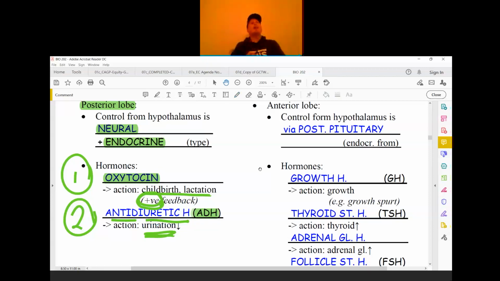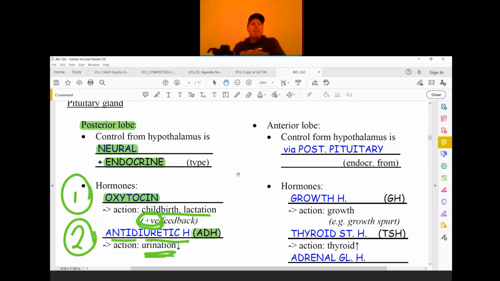Say when you're dehydrated, in response you will start producing antidiuretic hormone that gets released from the posterior lobe of the pituitary, and that makes you make less pee. We want to preserve all of those fluids in the body. So that's all you need to know about the posterior pituitary.